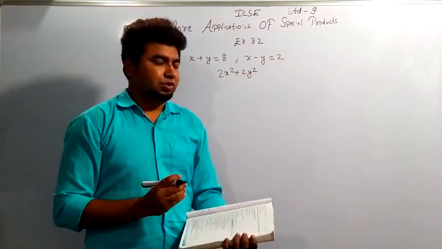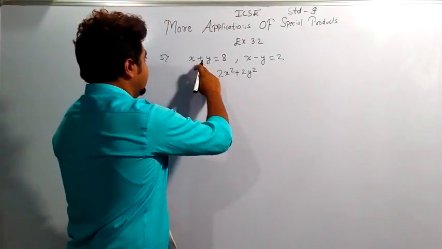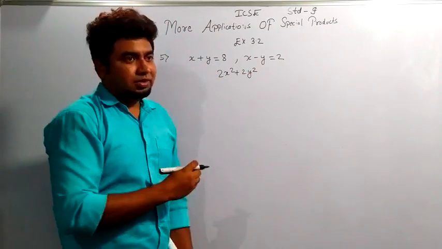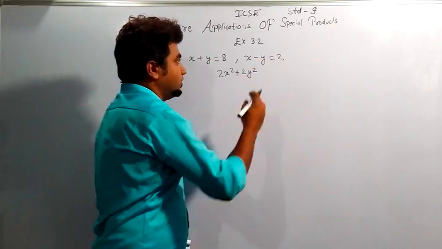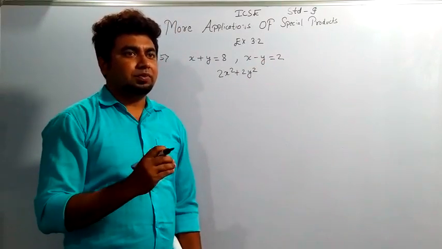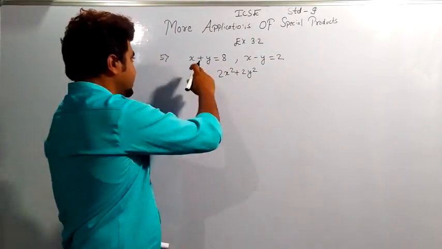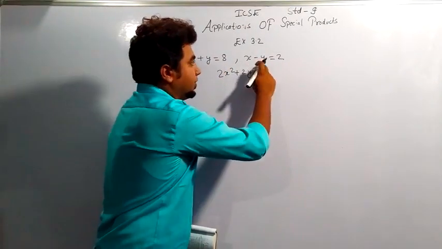From here I will show you one thing we can analyze: in the formula of x plus y whole square and in the formula of x minus y whole square, the x square plus y square term is common. The only thing changing is plus 2xy in the case of x plus y, and minus 2xy in the case of x minus y.